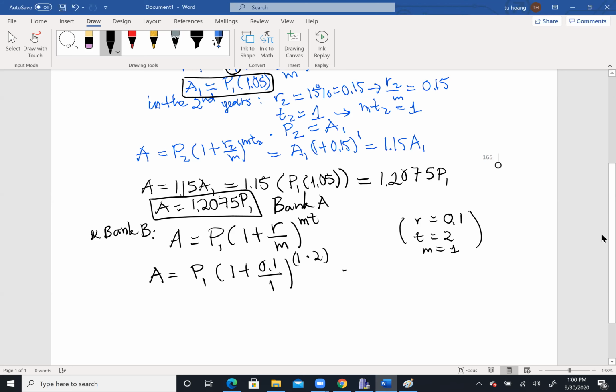Okay, and I try to simplify, I'm gonna have P1 times 1 plus 0.1, so that means 1.1 to the power 2.